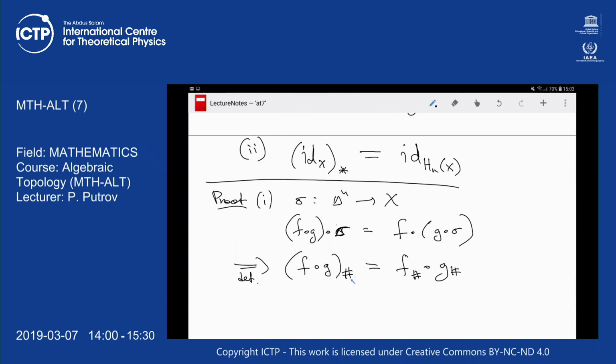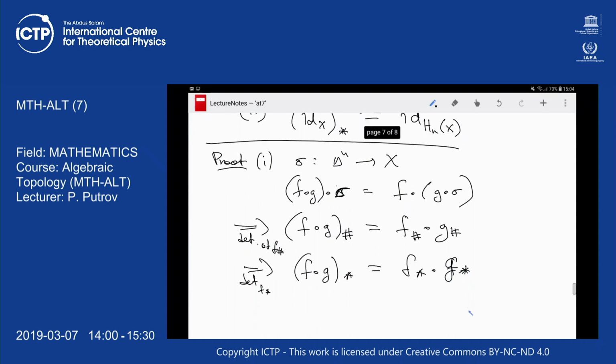And of course, since the push forward is just given by the action of the induced map on the chain complex, we get again from the definition of f sharp, and this is the definition of f star, we immediately get that the star of the composition is the same as the composition of the stars.